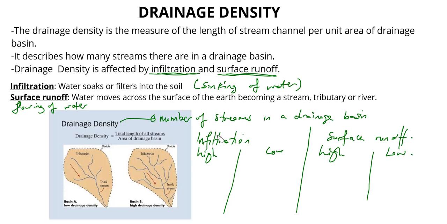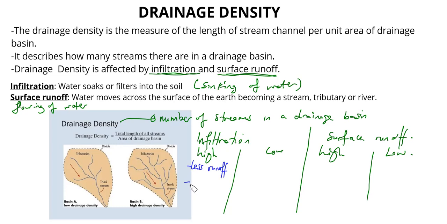When you're talking of infiltration, when more water is sinking, it means that we have got less runoff. So here is characterized by less runoff. So when you've got high infiltration, it means that we've got less runoff, less water flows.